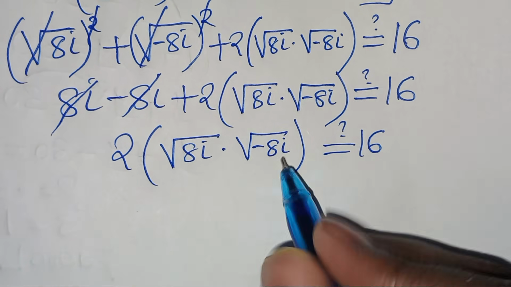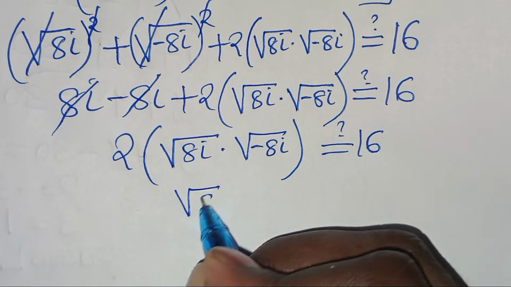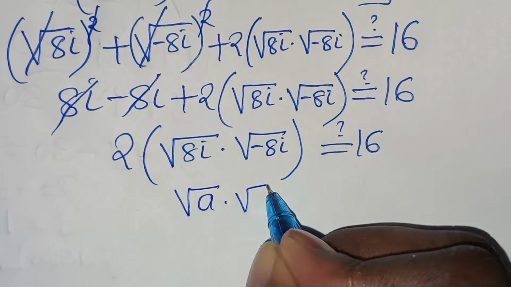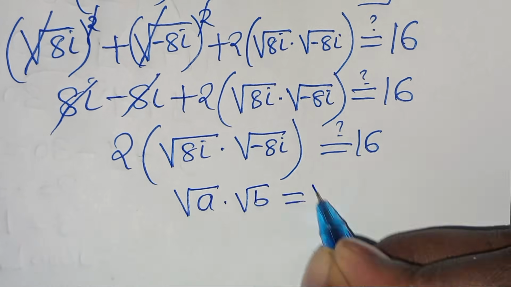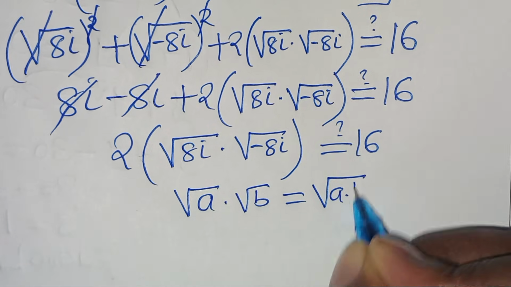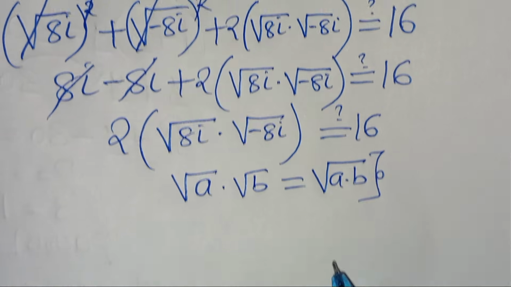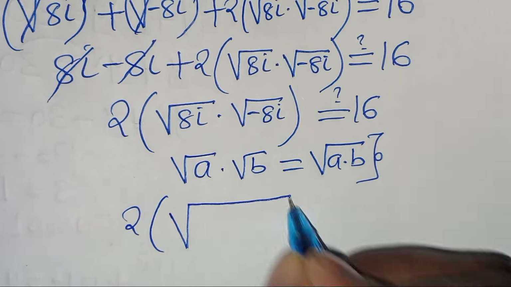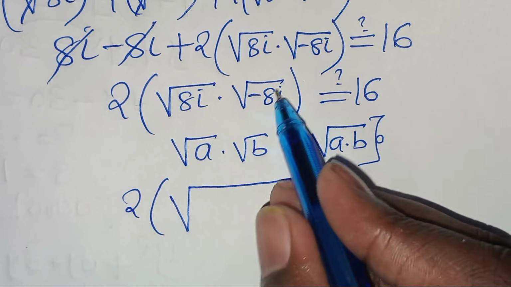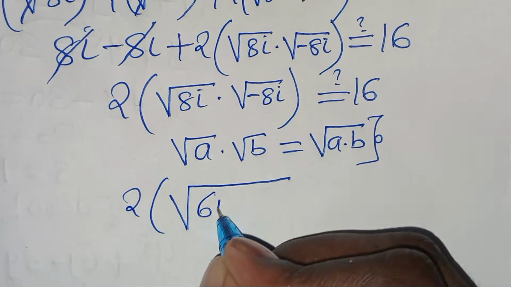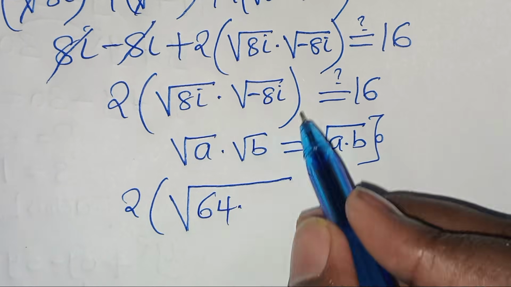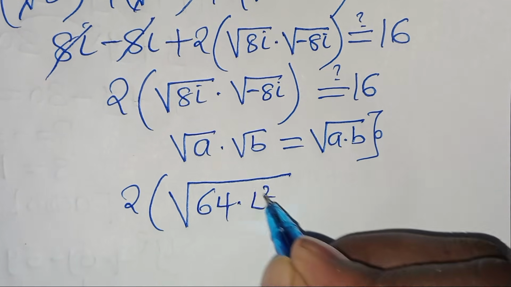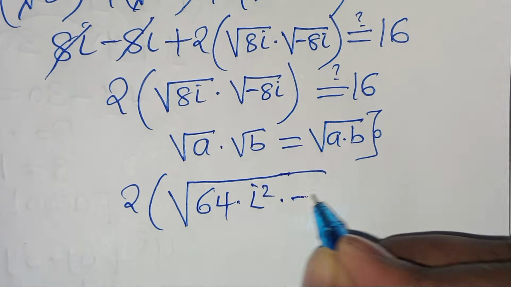Now, this is in the form of the square root of a multiplied by the square root of b, which can be expressed as the square root of a times b. So we have 2 in the parentheses, the square root of 8 times 8, which is 64, times i times i, this is i to the power of 2, then times -1.